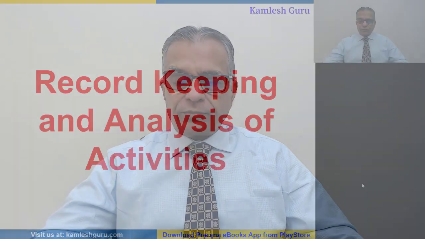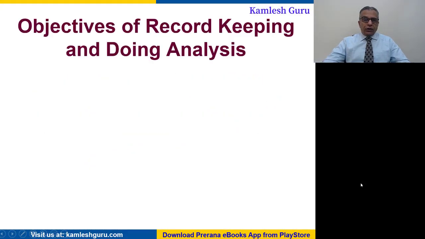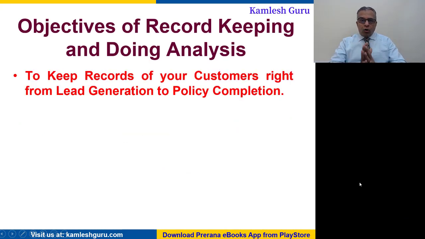So the basic objectives of record keeping and doing analysis are, first, to keep a record of your customer right from the lead generation stage to the policy completion stage. You should come to know where you stand as far as the goals set by you are concerned, that is, how many prospects you need and how many calls you have to make.